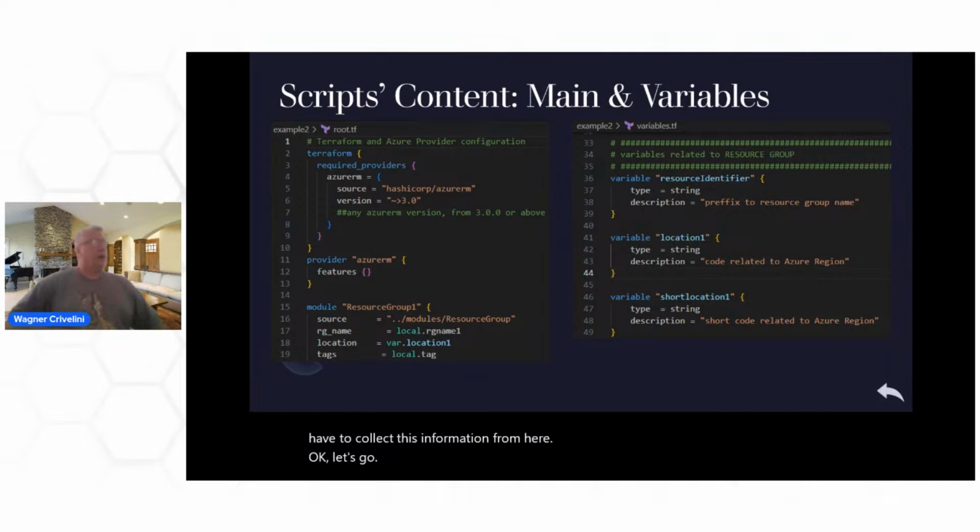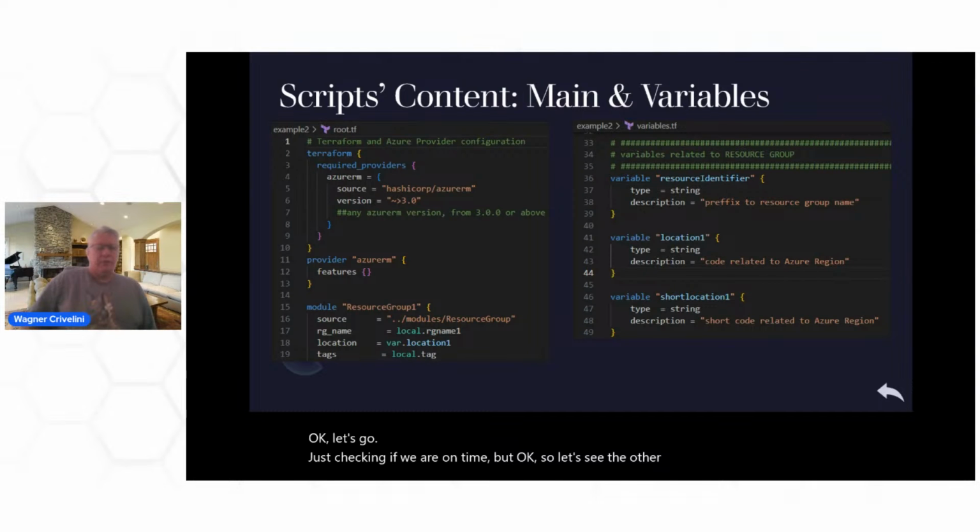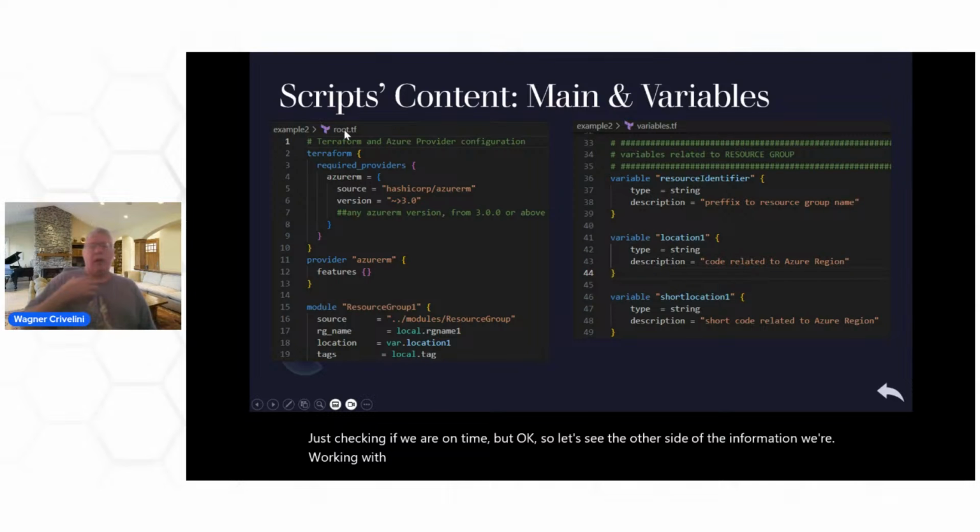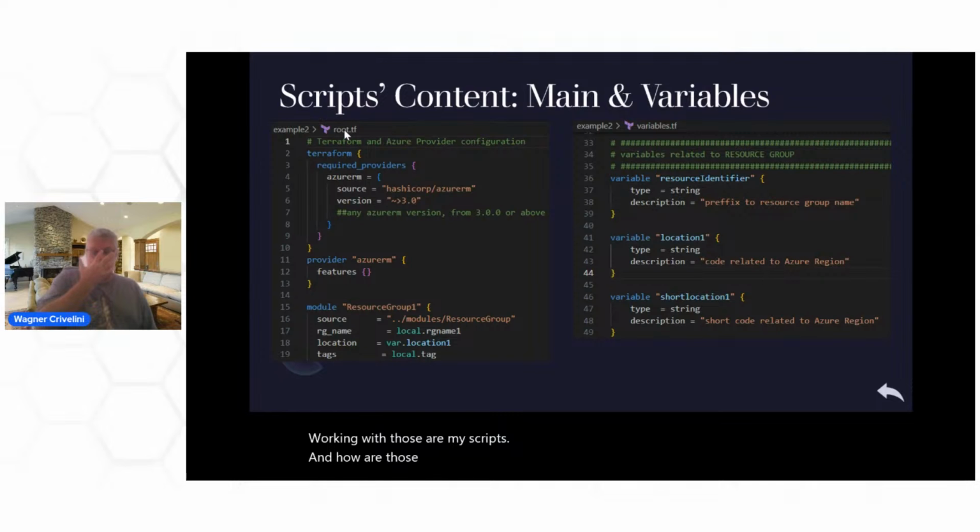Just checking that we are on time. Good. Okay, so let's see the other side of the information we're working with. Those are my scripts. And how are those scripts configured?